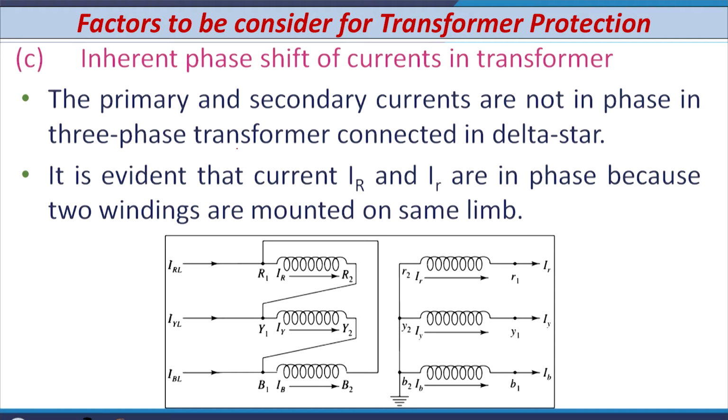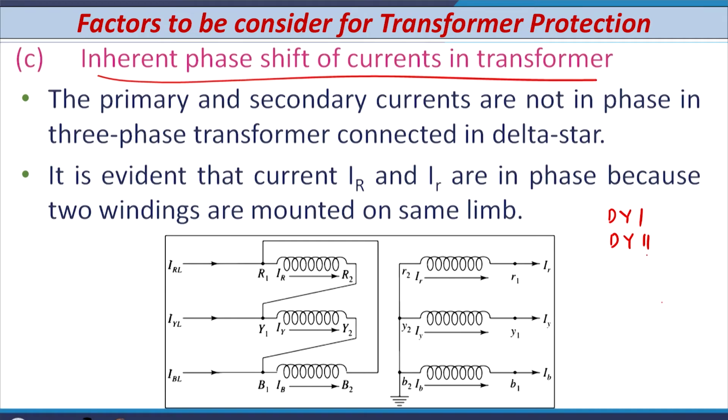Let us discuss the third point we need to consider when we apply the differential protection scheme for the power transformer. This third point is known as the inherent phase shift that exists in the power transformer. Now, when we consider the delta star transformer, in actual substation practice, whatever power transformer we use is either of dy1 vector group or dy11 vector group.